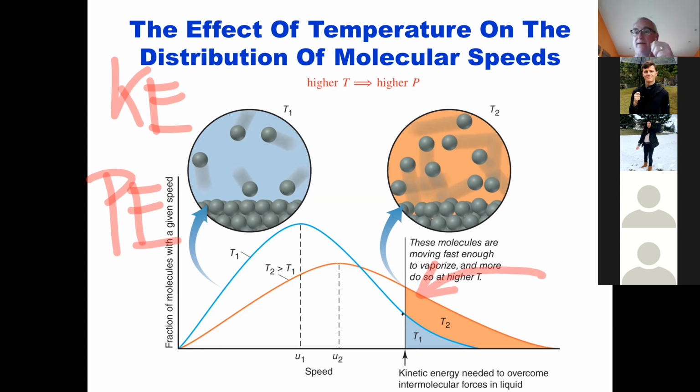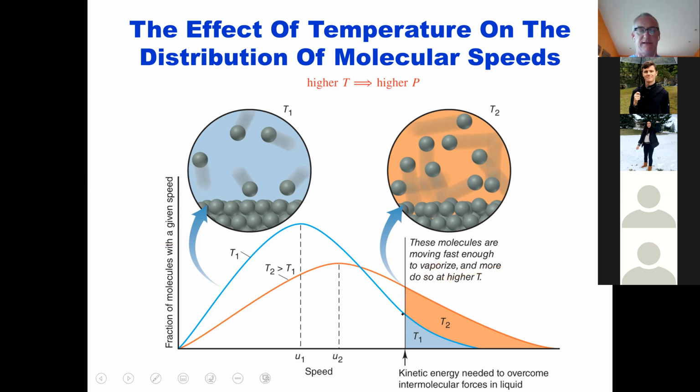It's now much greater, and it's kicked potential energy to the curb, and now all of the molecules are moving quickly. When we lower the temperature, we lower the kinetic energy and allow the potential energy basically to catch up. The potential energy is basically going to stay the same, and the kinetic energy is just going to get less and less until the potential energy is more, and then we go from gas to liquid to solid. Okay?